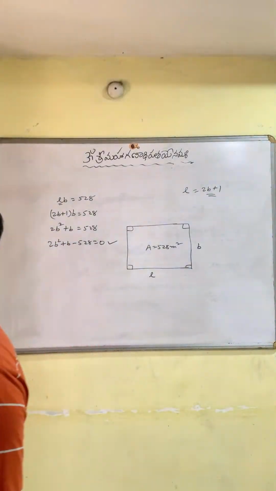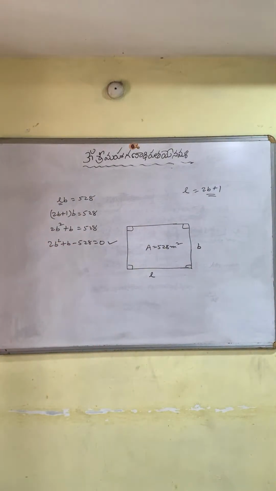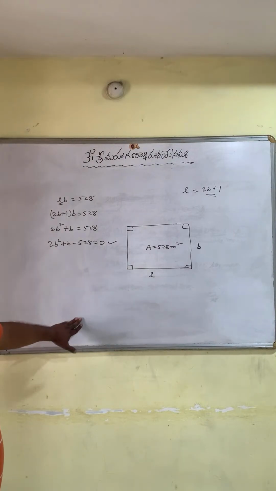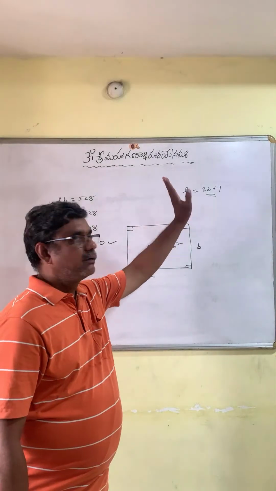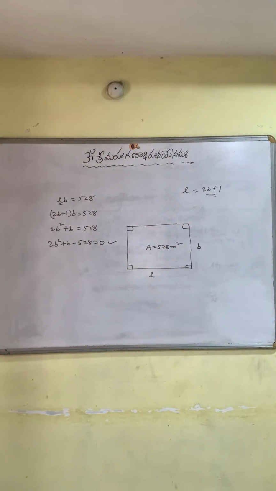Now, by the splitting the middle term method, we have to find out the length and the breadth. First find out the breadth, then you will get length. Is that right, children? First find out the breadth by splitting the middle term.